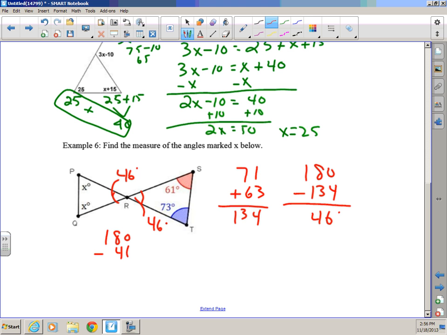So I have 134 degrees that I need to divide up. And since these are the same, I can divide them evenly so that each of these two angles are 67 degrees. So what we covered today were the rules on the interior angles of a triangle and the special rule with regard to an exterior angle of a triangle.